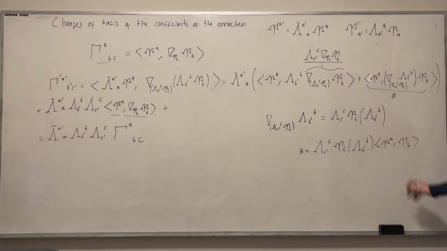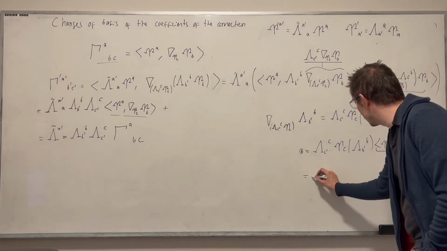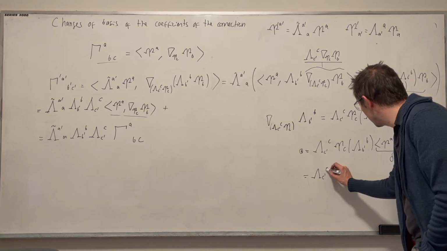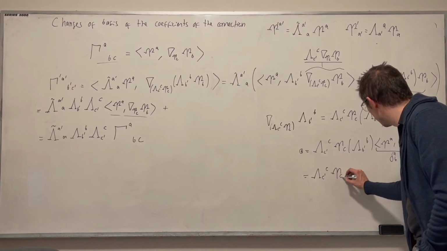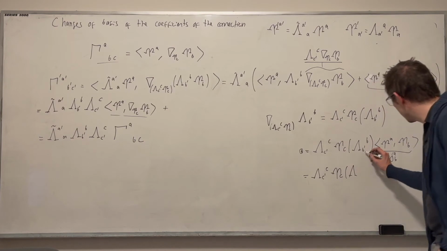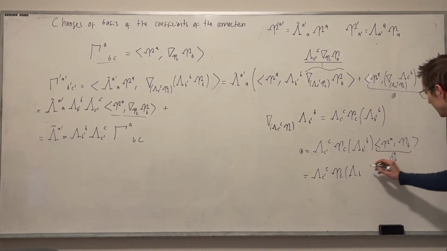Right, and I know what this is because these are dual bases, right? So this is delta AB. And because it's delta AB, what I get is that this thing is lambda c prime c, epsilon c, acting on lambda, and now I change the b by an a, b prime a.